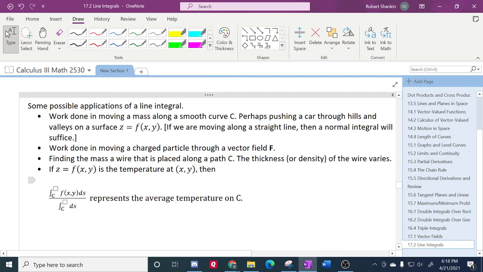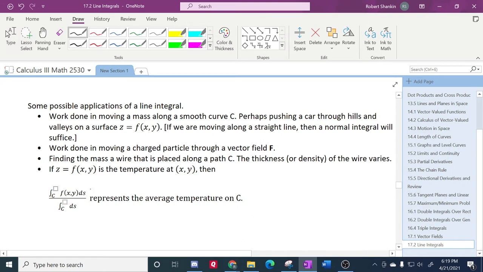If z equals f of x y is the temperature at any position x y, then if you take the line integral along C divided by the line integral without the f in there. Now this is assuming then that the f of x y is 1, so this is the length of the curve.